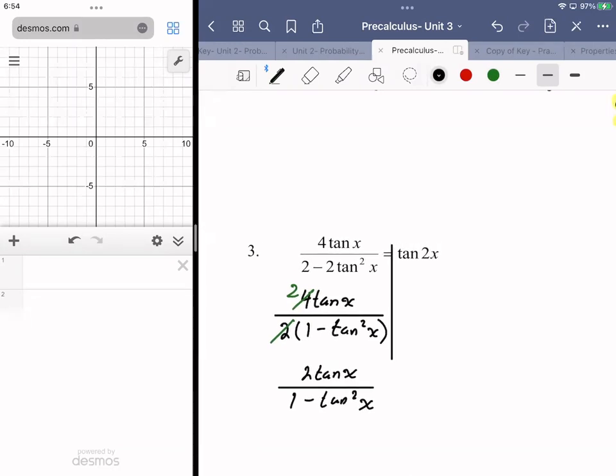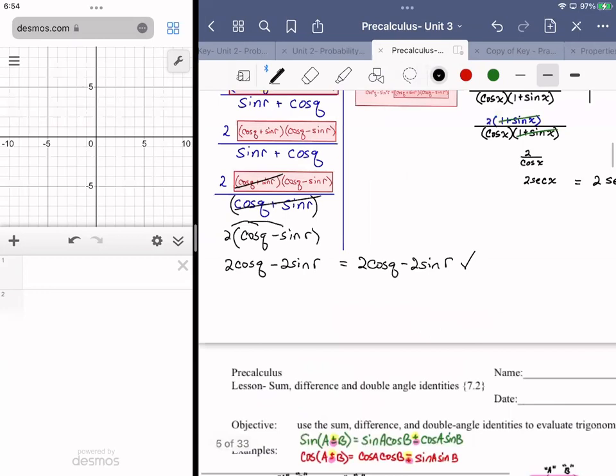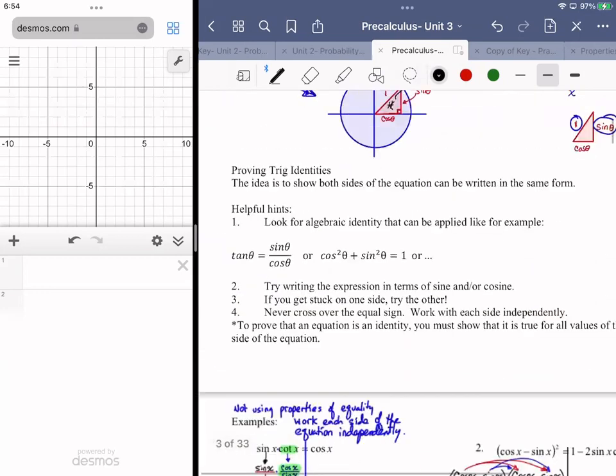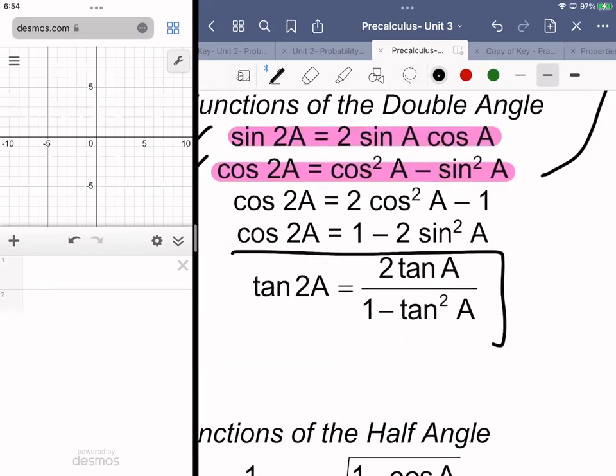Now, at this point, maybe you're suspecting that there could be a rule in play. So you'd flip back a few pages, and you see here we have the tangent rule for the double angle: 2 tan A over 1 minus tan squared A.